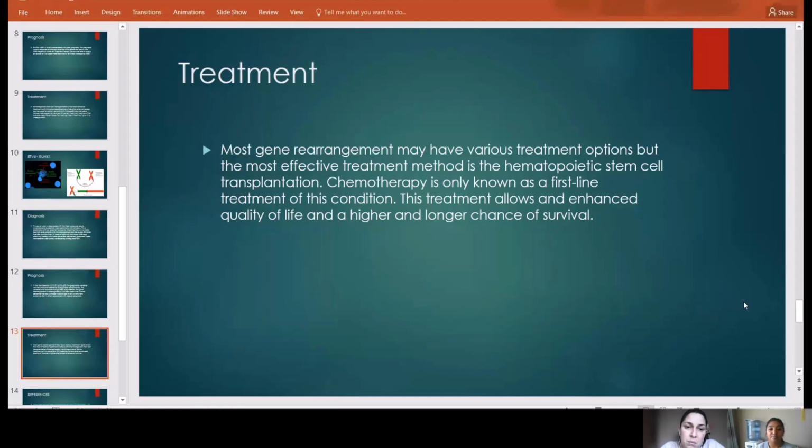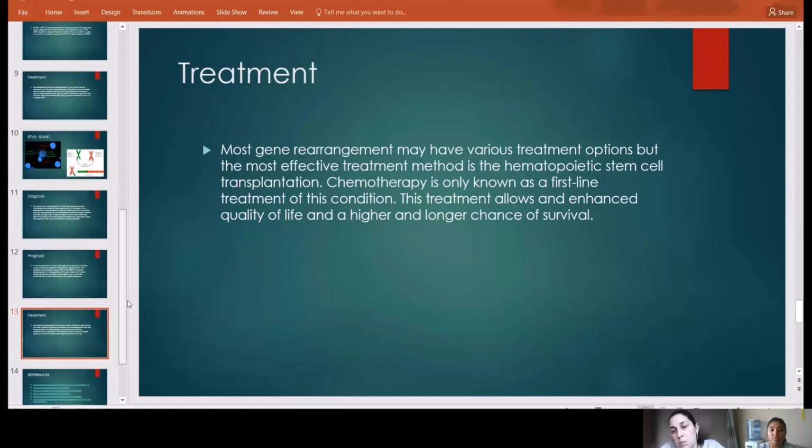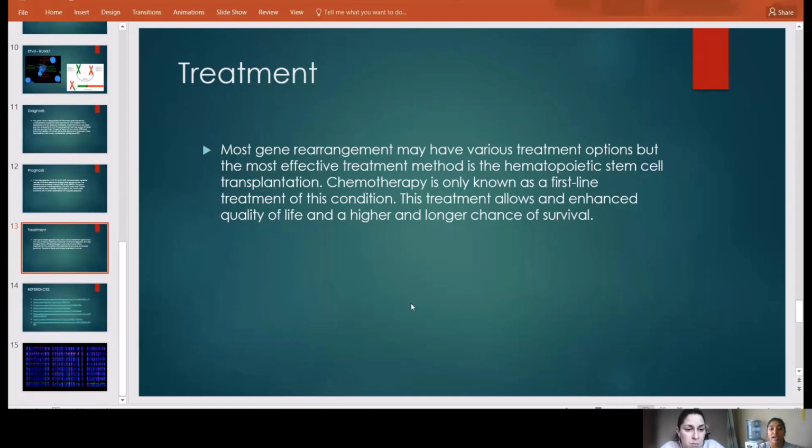And with this, you are promised a high quality of life, a higher survival rate, and a much higher chance of survival. This gene is one of the most positive genes that can be detected in someone with leukemia.